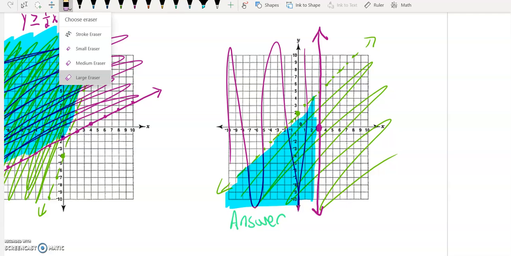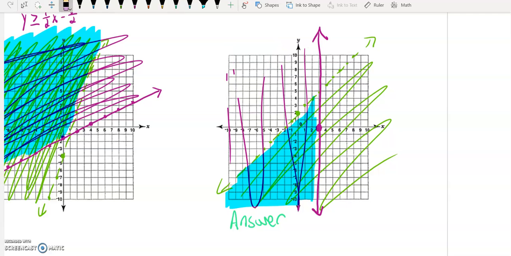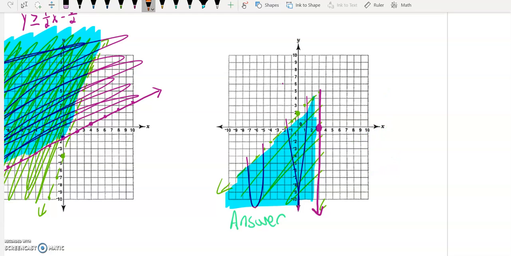Again, if you want to go back and eliminate any of this outside stuff, that is your choice, as long as you leave in the part that is included in the shading. You should be leaving in this solid line as part of the answer and this dashed line as part of the answer. So you can't take those solid and dashed lines out. They are part of the answer.